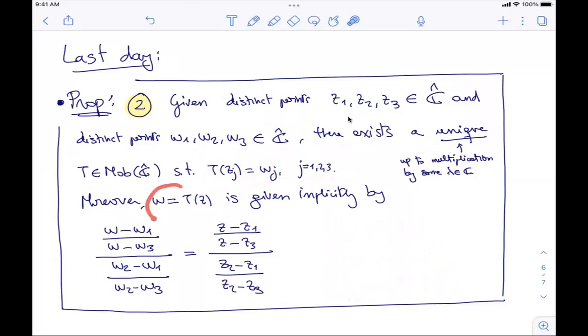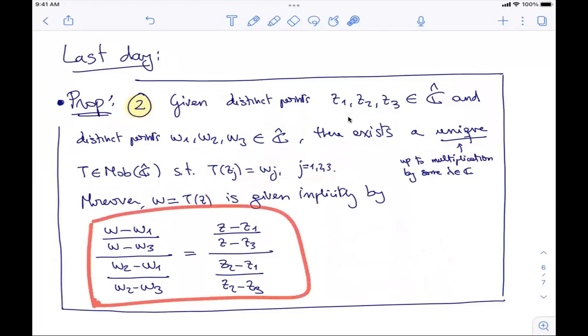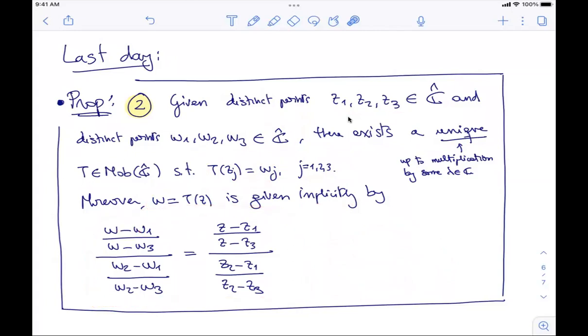And the transformation W equals T of Z is given implicitly by these ratios, okay, W minus W1, etc. This is implicit because you need to solve for W here, but you see there is W in the numerator and denominator, so it requires a bit of computation.